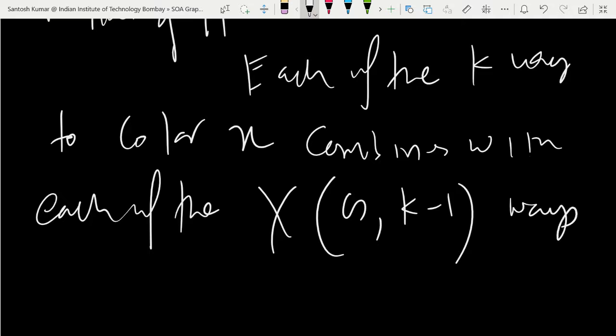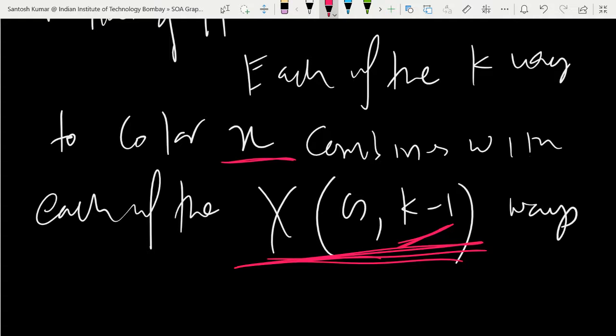This is the total number of proper colorings of the graph G using K minus 1 colors. The total number of colors is K, so X can be colored in K different ways. Once you use one color for X, you have K minus 1 choices for the rest, except the color used at X. That K minus 1 colors can be used on any vertex of G. So this is the number of proper colorings of G using K minus 1 colors.